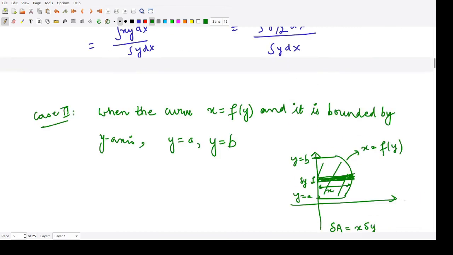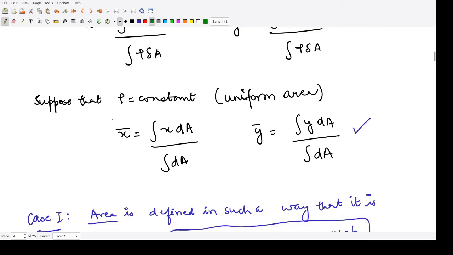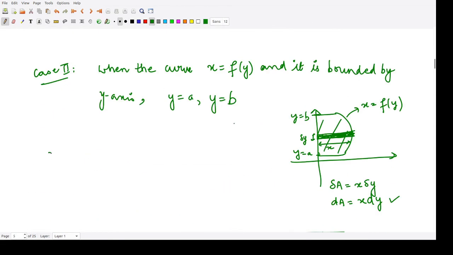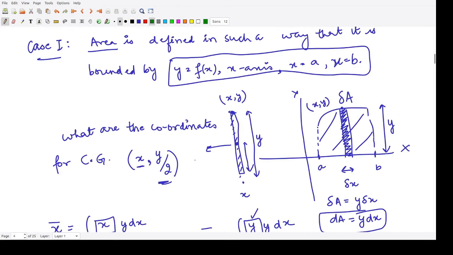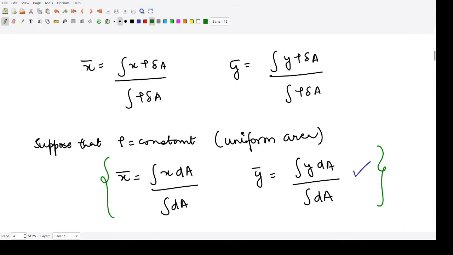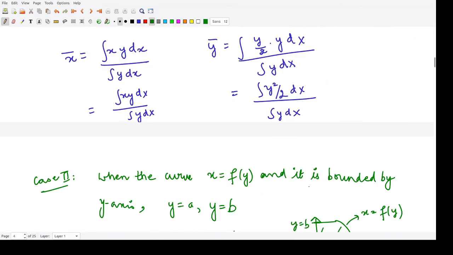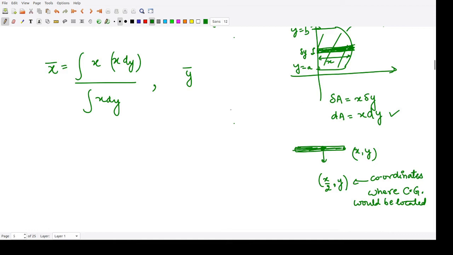So for these coordinates, if I use this formula for the center of mass, we have x bar, that is integration of x dA, dA is x dy here, divided by integration of dA, that is x dy. And for y bar, it was integration of y dA by integration of dA, so it is integration of y x dy divided by integration of x dy.